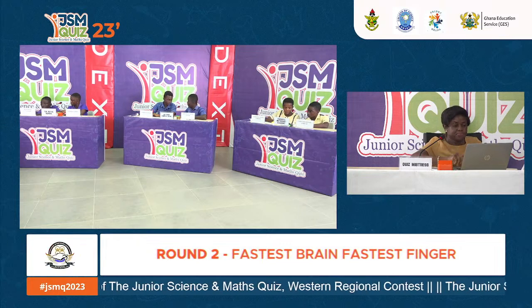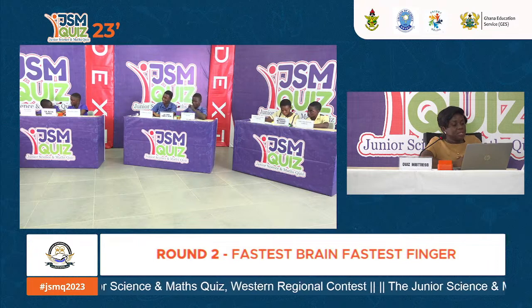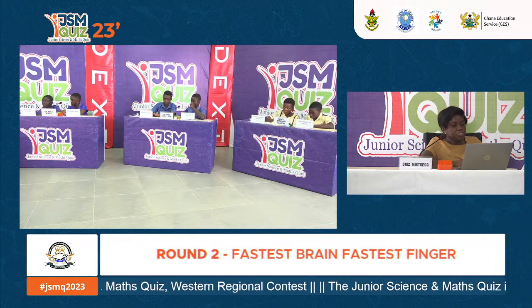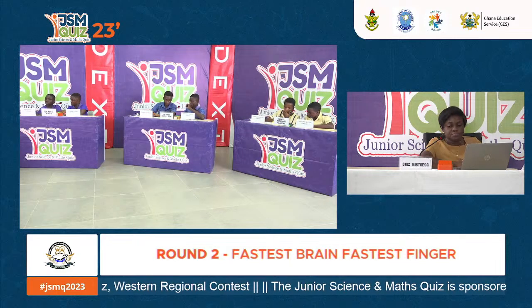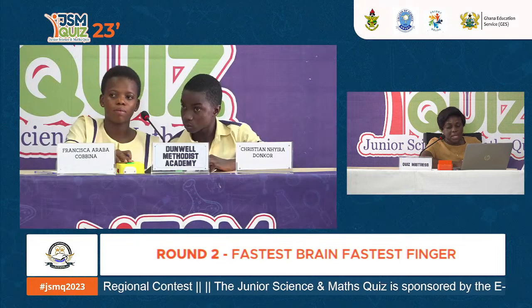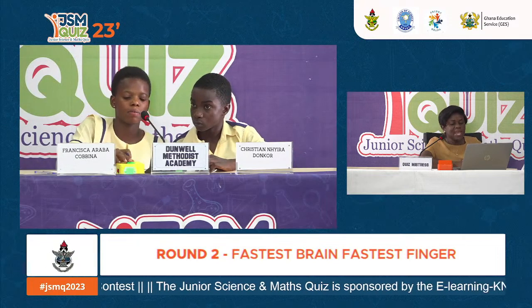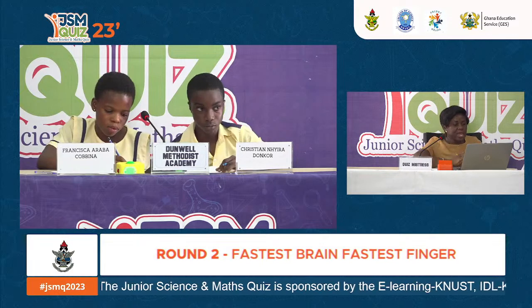Rabbits. Millions reagent is used to test for. Protein. Proteins. That is right. That is correct.